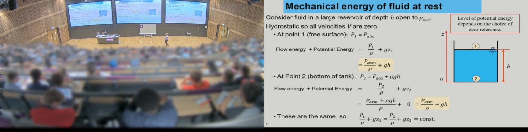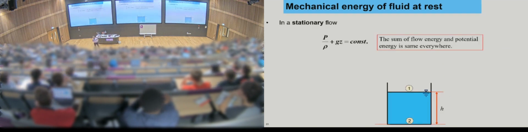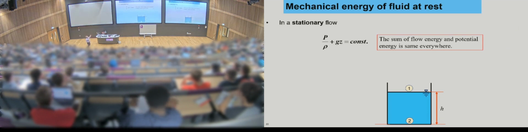So this is confirming that P1 upon rho plus GZ1 is equal to P2 upon rho plus GZ2. So this is the mechanical energy of a fluid at rest. That means that the sum of the flow energy and the potential energy is the same everywhere in a hydrostatic tank.